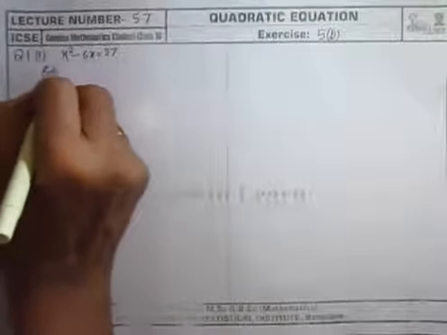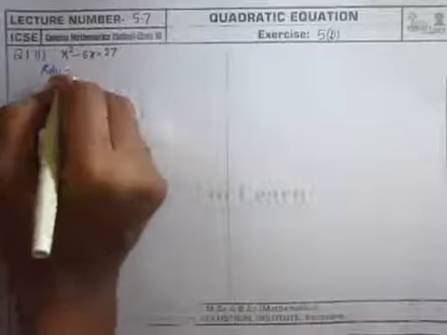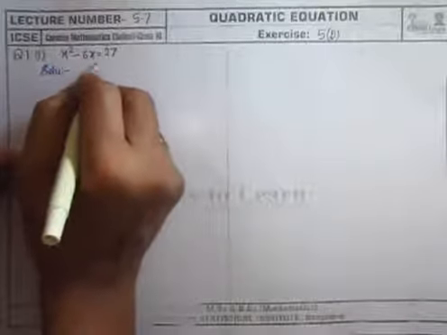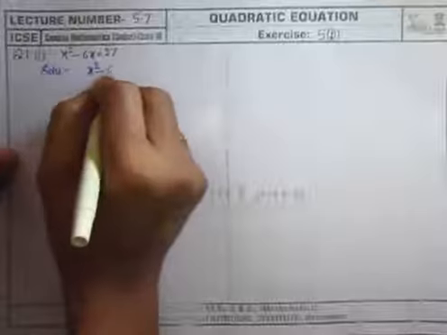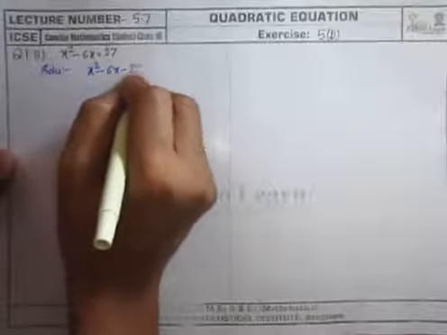Solution: first of all, arrange the equation in general form. x square minus 6x minus 27 equal to 0.